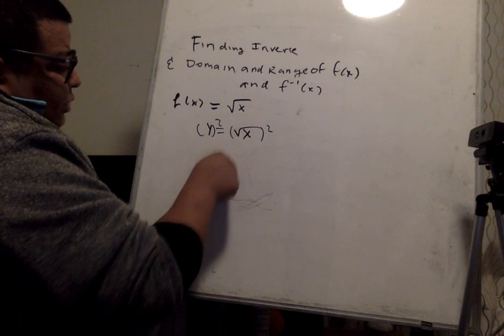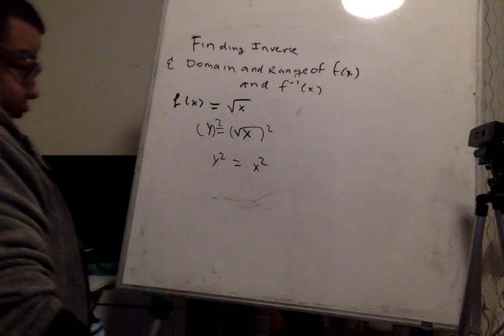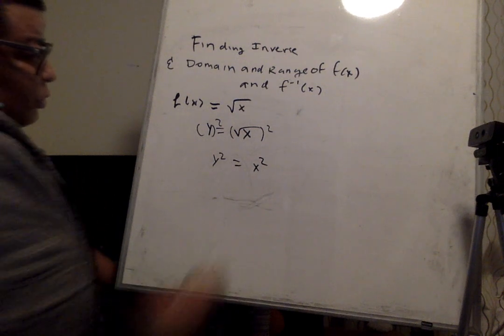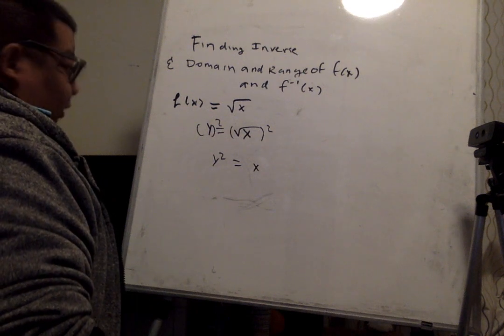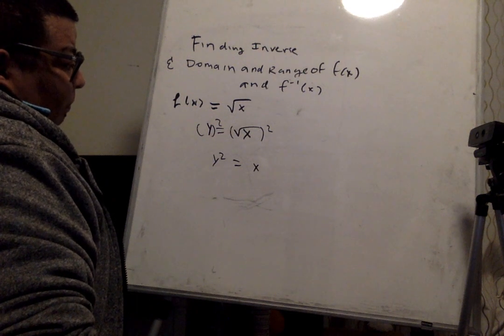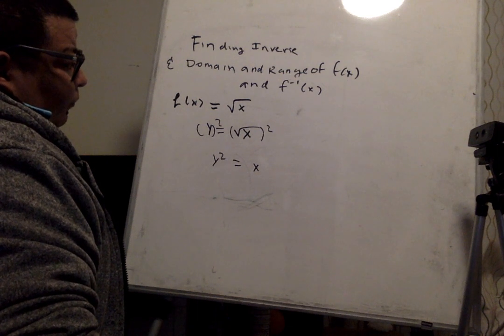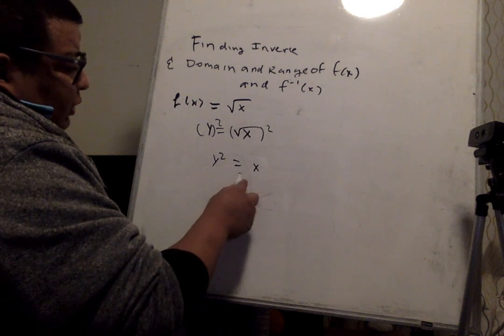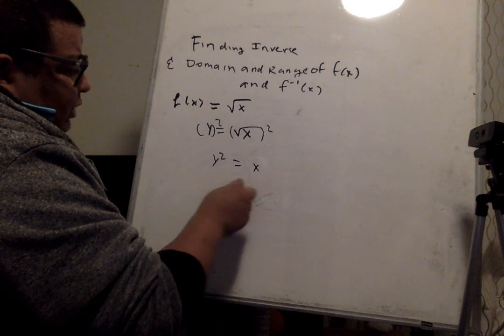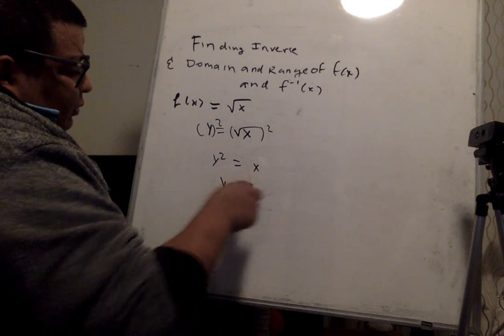So you're left with y squared equals x. And then the final step is just to switch x and y. So it would be y equals x squared.